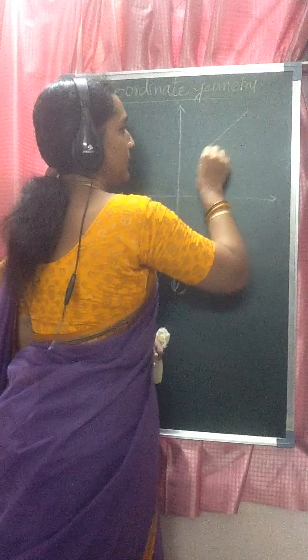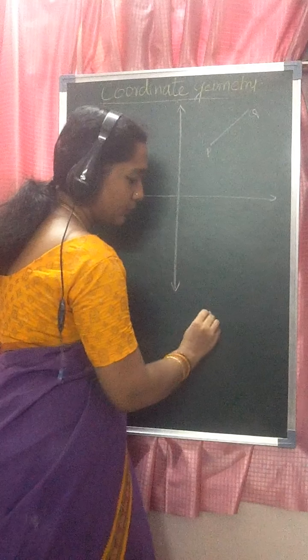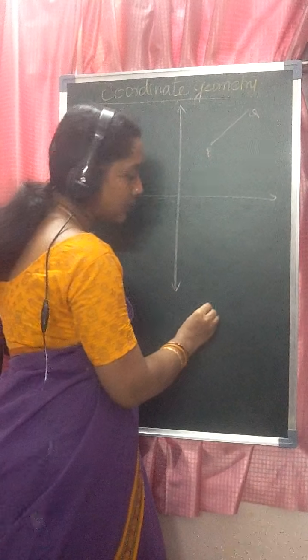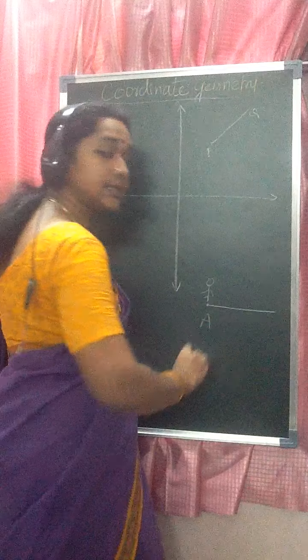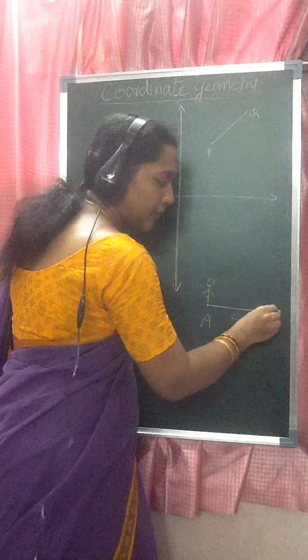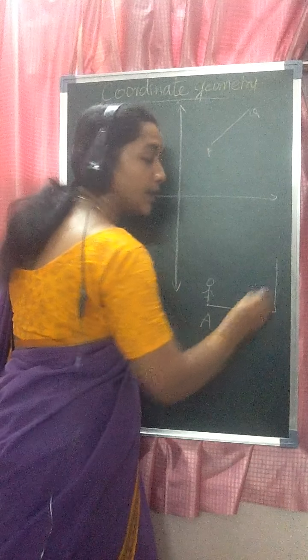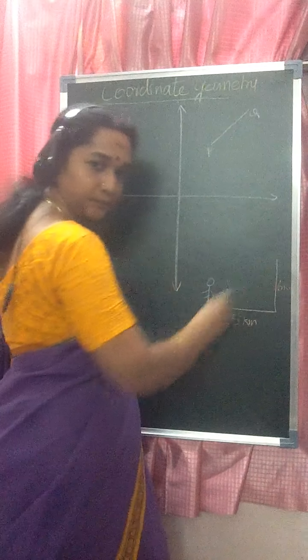For example, a person from town A is moving towards east at a distance of 5 km, and from that point he is moving towards north at a distance of 6 km.